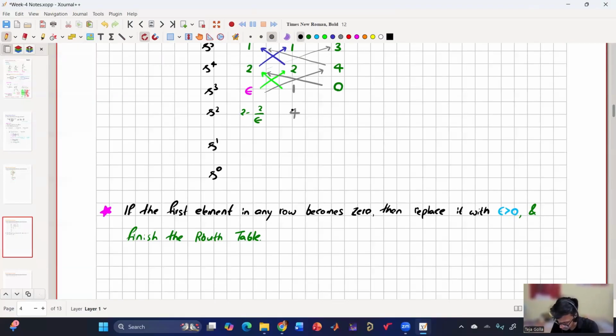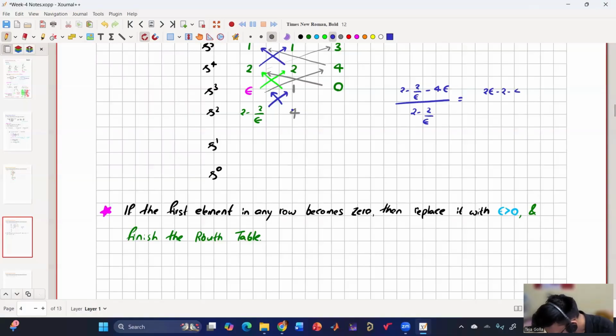So for s to the power 1, what will be the value? Now this into this minus this into this, by 2 minus 2 by epsilon. If I calculate on the side, I get 2 minus 2 by epsilon minus 4 epsilon, by 2 minus 2 by epsilon. So if I calculate, it will be 2 epsilon minus 2 minus 4 epsilon square by 2 epsilon minus 2, right?